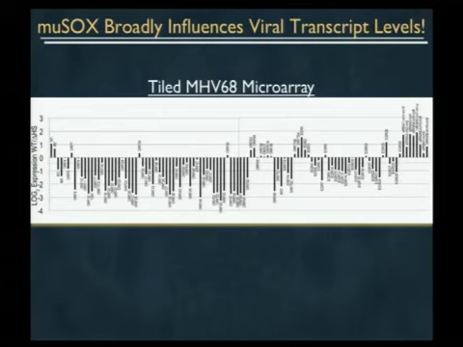You don't have to be able to read any of these to get the basic idea that when we compare the levels of viral RNAs in a wild-type infection versus an infection with the Delta host shutoff virus, the vast majority of viral RNAs are downregulated in the wild-type infection. So muSOX broadly influences viral transcript accumulation, as well as host transcript accumulation.